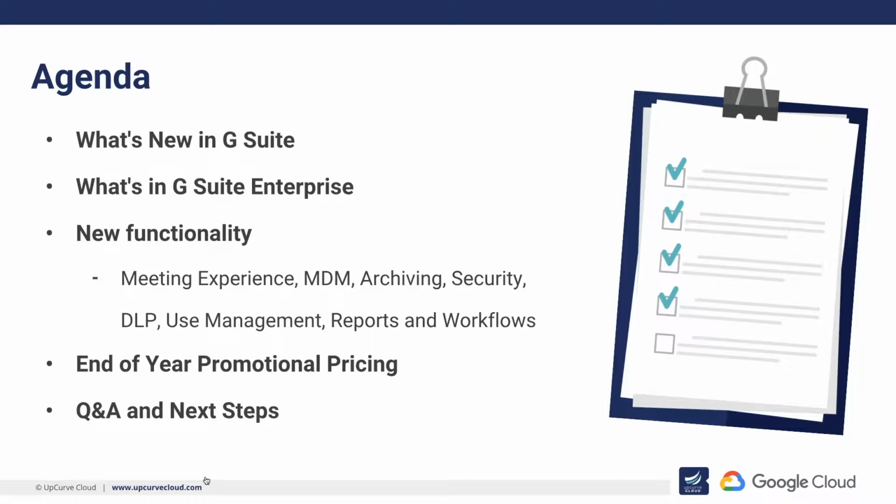And then we'll jump into G Suite Enterprise and talk about some of the most functional and necessary items within Enterprise, which are meetings, mobile device management, archiving, security, DLP, user management, reports, and workflows. And we'll talk about promotional pricing that's only going to be available for the next 10 days or so, and then we'll leave some time for Q&A.